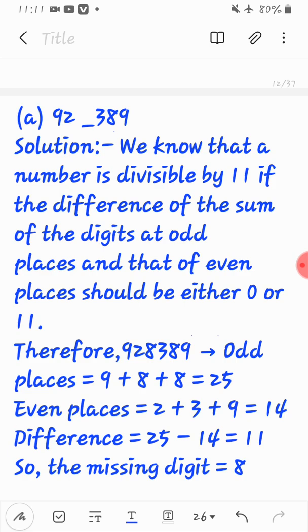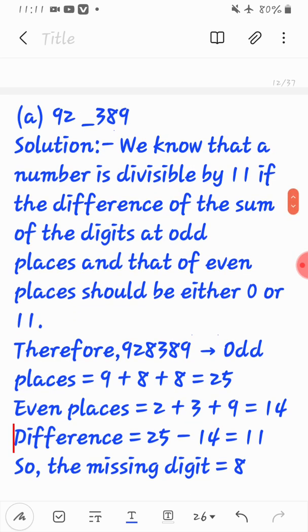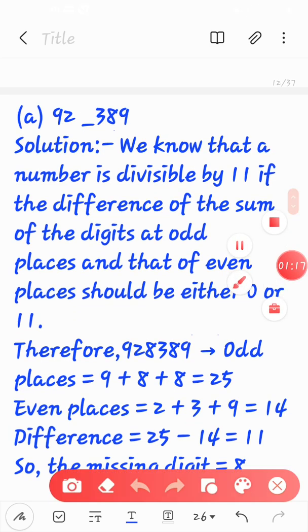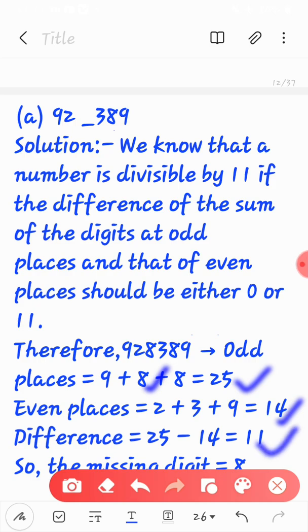That is why if we put 8 in the blank space, then 9 plus 8 plus 8, we are getting 25. So 25 minus 14 we will get 11. So 11 is divisible by 11. That means the missing number in this blank space is 8.